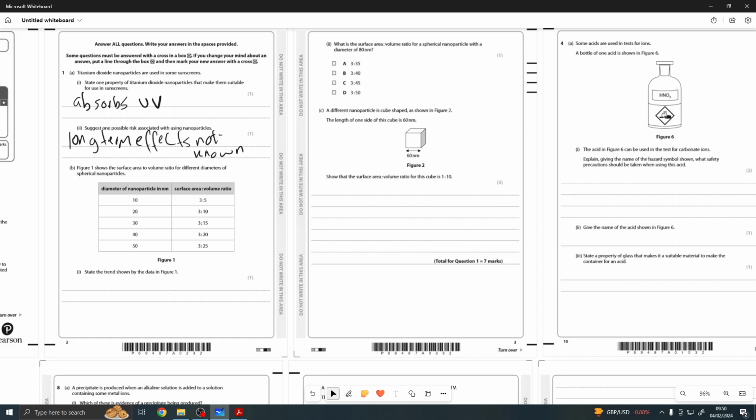So, basically, as diameter increases, surface area to volume ratio decreases. Lovely. Right, what is the surface area to volume ratio of a spherical nanoparticle with a diameter of 80?